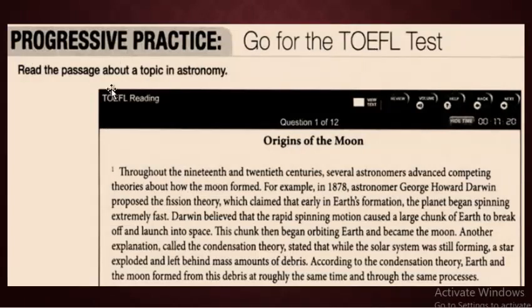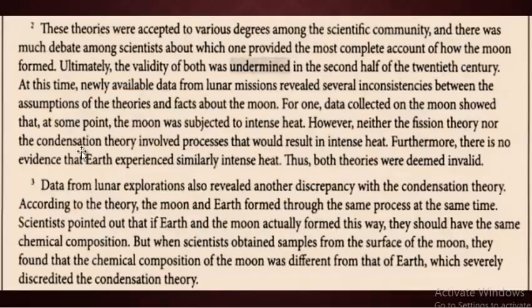Progressive practice. Go for the TOEFL test. Read the passage about a topic in astronomy, Origins of the moon. Origins of the moon means how the moon came into being or originated, the point from which it started.